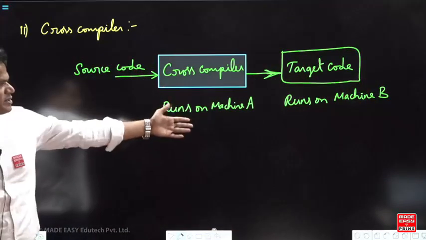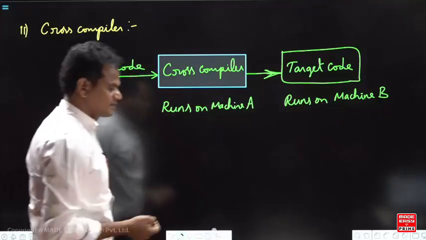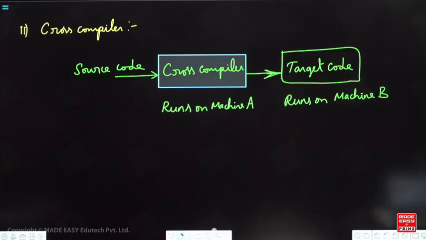It is running on machine A and the output will run on machine B. That is a cross compiler. Take the notes. Heading: cross compiler. It is a compiler which runs on one machine and produces the target code for another machine.